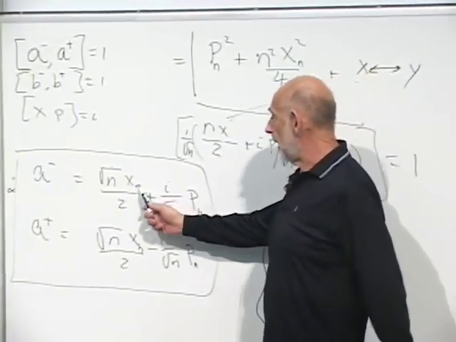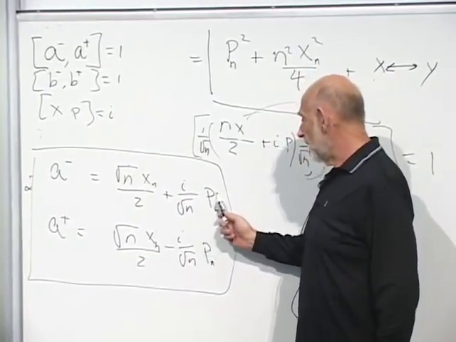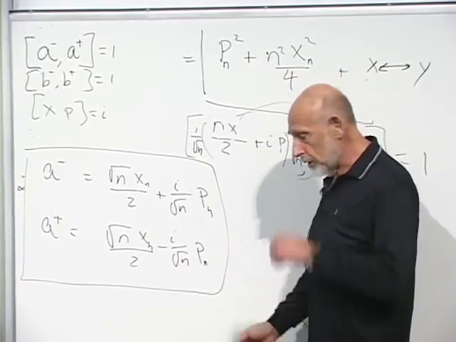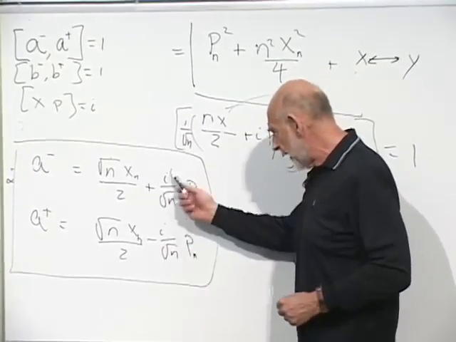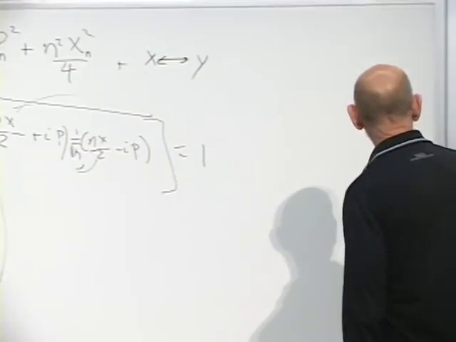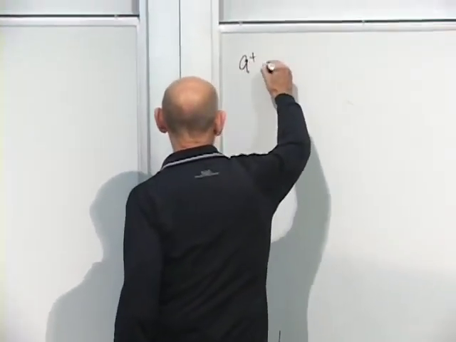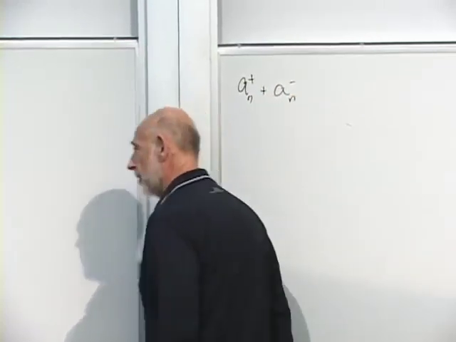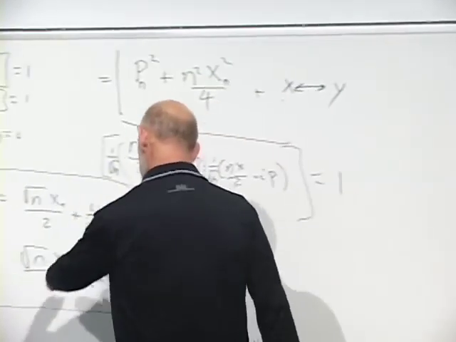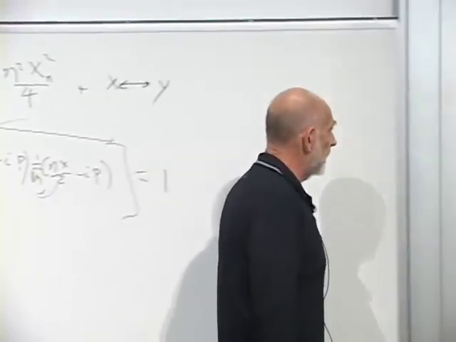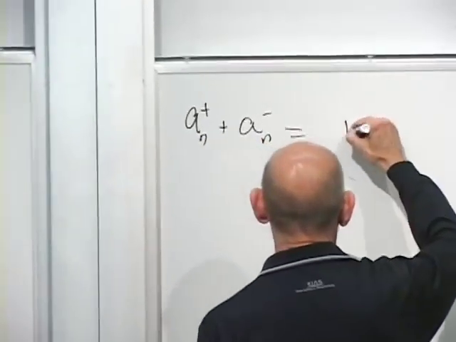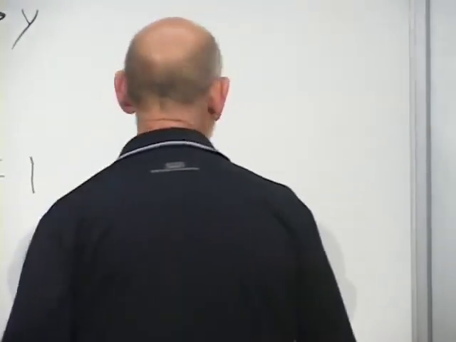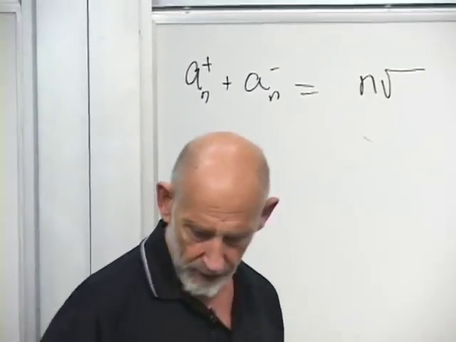If I want to isolate x, I want to get rid of p. That's easy. Just add these two equations. This term will cancel. So what do we get? We get a plus a minus, and we should put a little index n here for the nth oscillation. That's equal to n square root of n times xn.